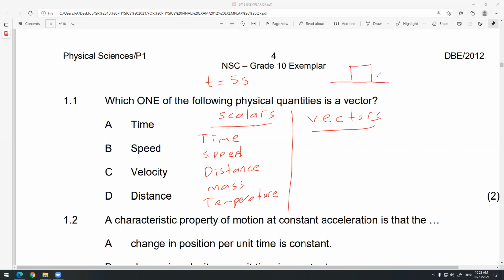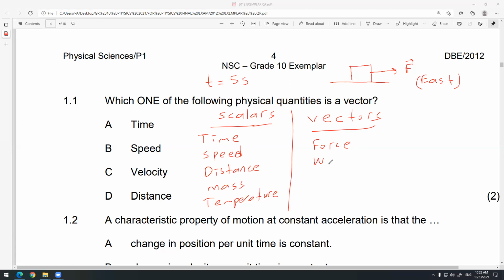You have an object here, and one force F acting this way. As you see, the direction is east. So force has direction. Vector quantities have direction. The only difference between scalar and vector is direction. All right, so force is our first example.